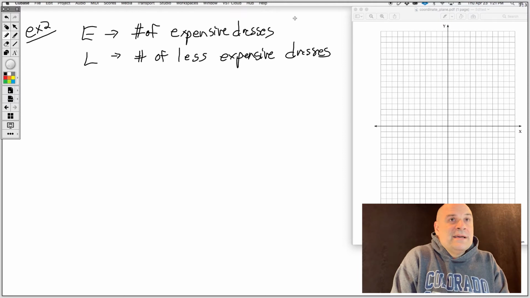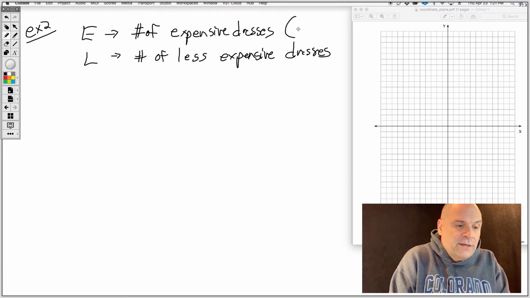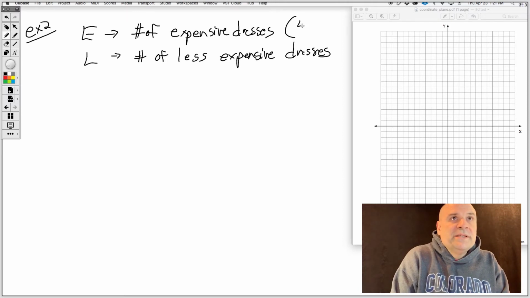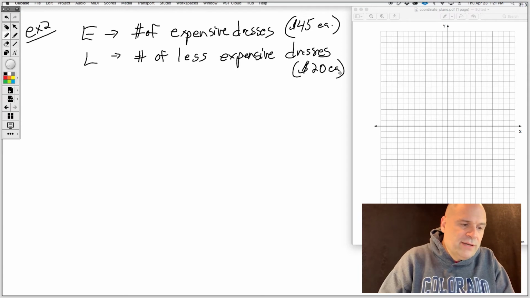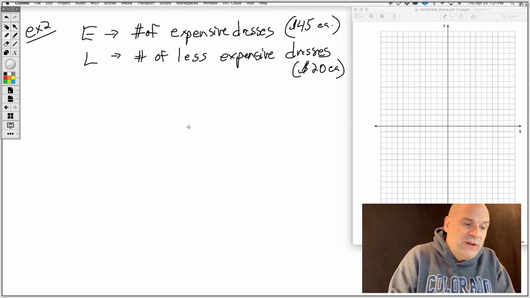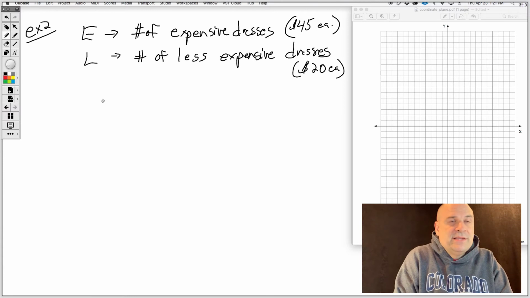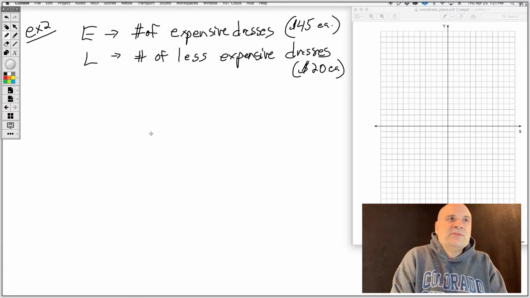These are $45 each, and these are $20 each. The next sentence says the shop took in $1,375. That means the total after selling some expensive dresses and less expensive dresses.